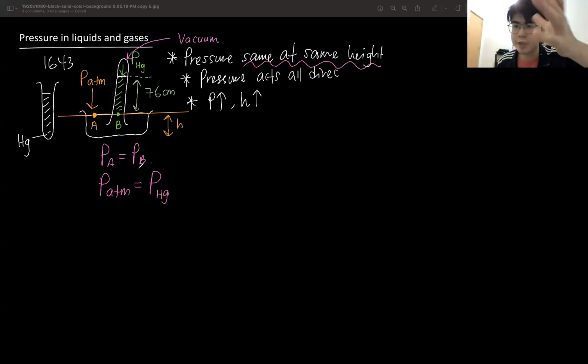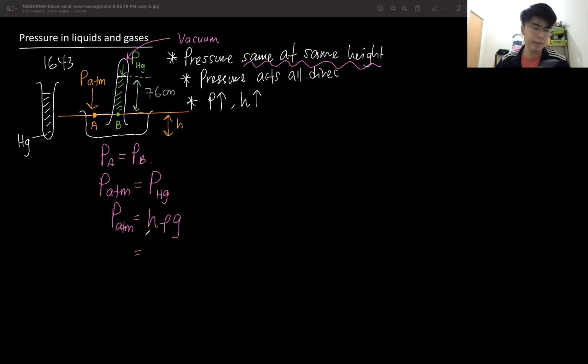You have learned it, pressure of liquid, H rho G. So H rho G of mercury. Now we get an equation. The atmospheric pressure can be calculated by the H rho G in this barometer. Okay, so what is the height that he observed?